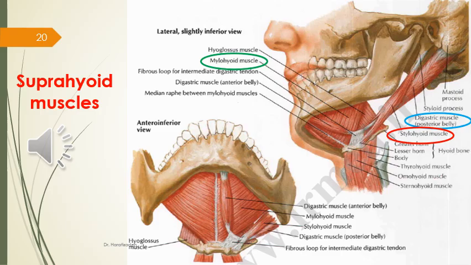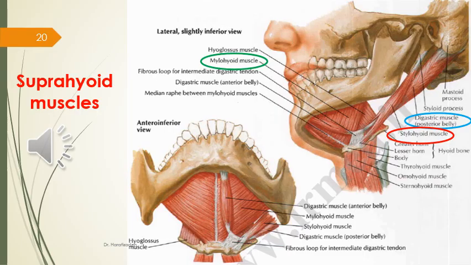The posterior belly arises from the mastoid notch of the temporal bone and runs downward and forward, then becomes continuous with an intermediate tendon. The stylohyoid muscle arises from the styloid process of the temporal bone and runs alongside the posterior belly of the digastric muscle. It is pierced by the intermediate tendon of the digastric, as you can see in the picture.